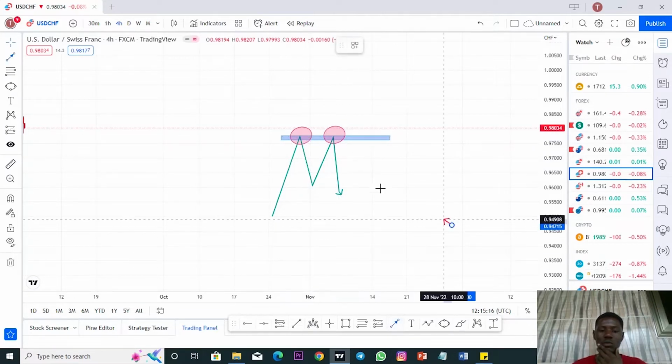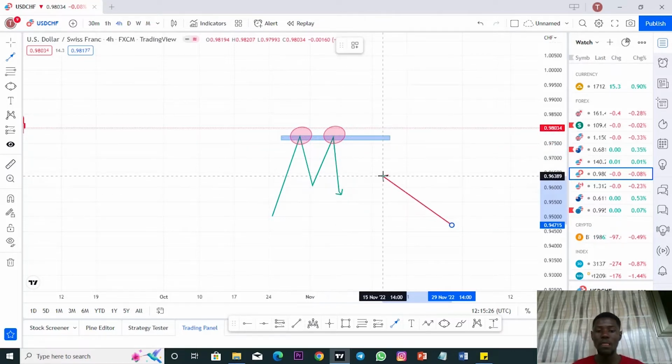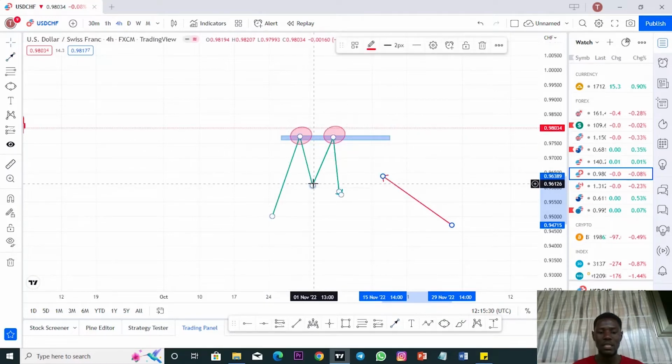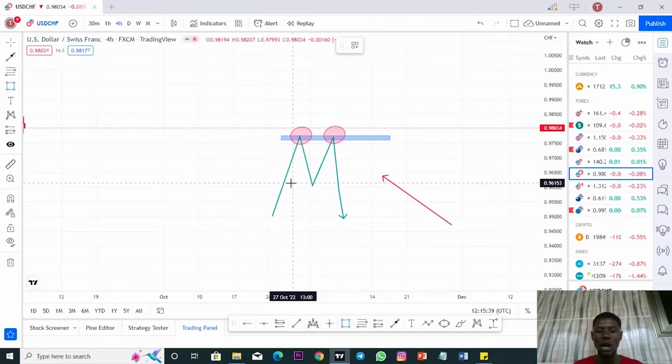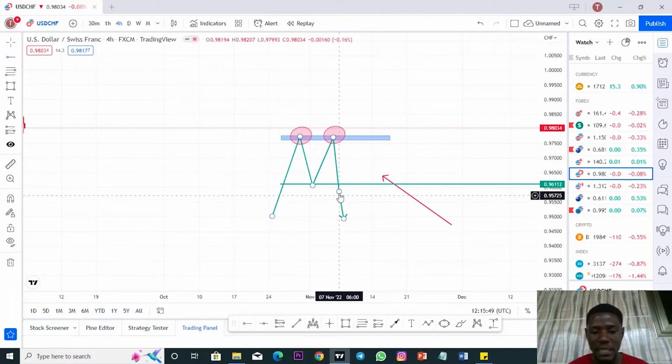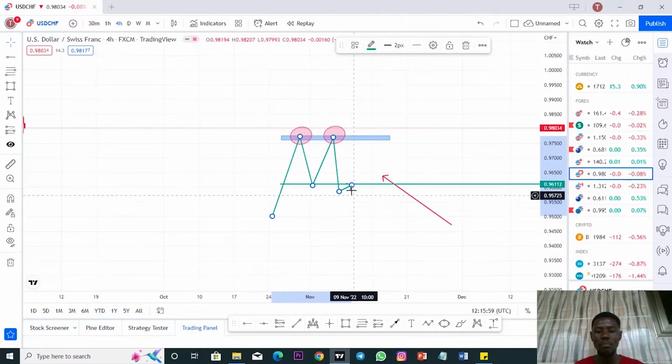If price rejects this resistance for the first time and rejects it again for the second time, and price is ready to push all the way to the downside, price has to come to this level, break this neckline, and come back for a retest before pushing to the downside.